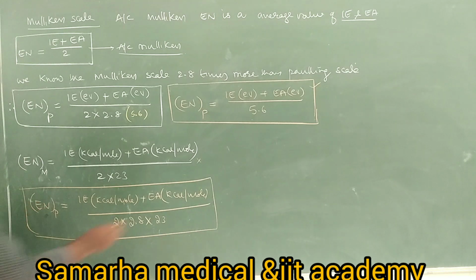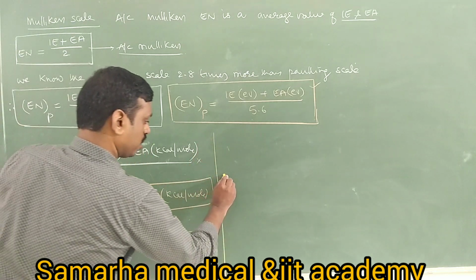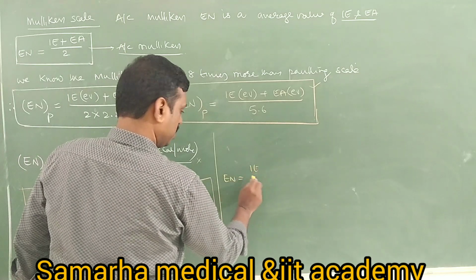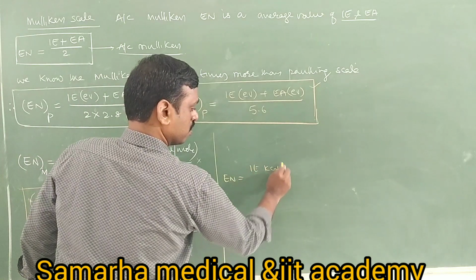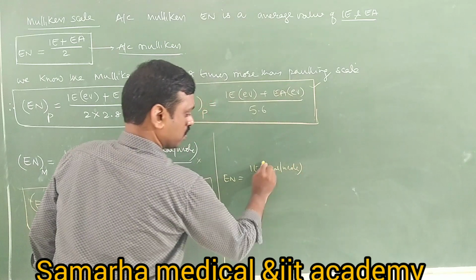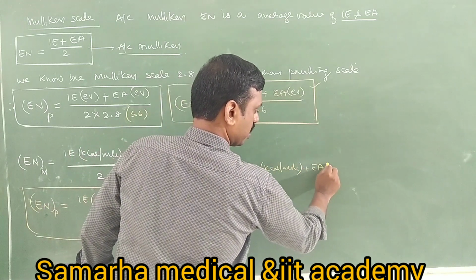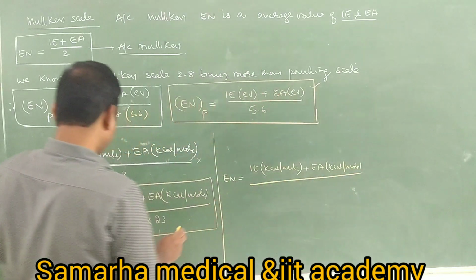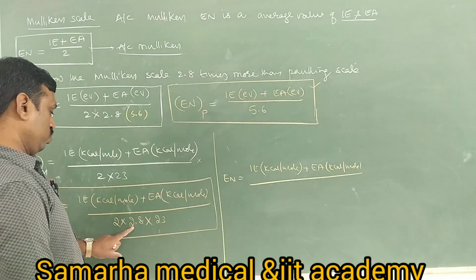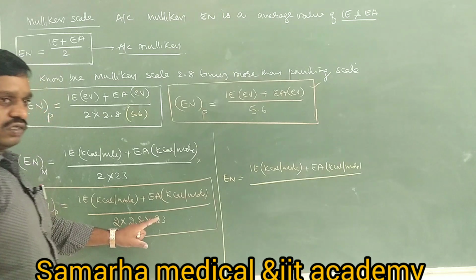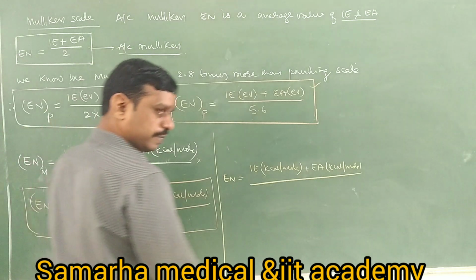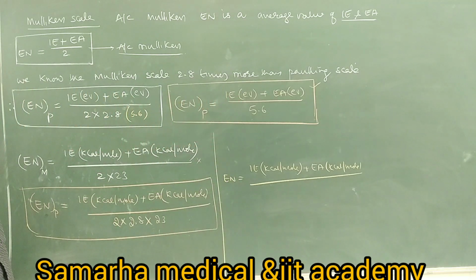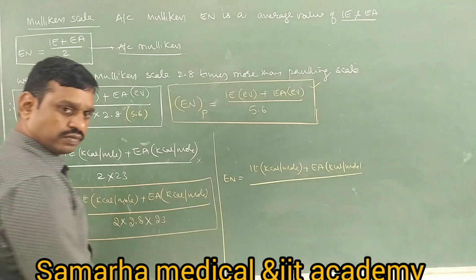So this electronegativity is also equal to IE in kilocalories per mole plus EA in kilocalories per mole, divided by 2 into 2.8, which is 5.6, into 23, approximately 129, that is 128.8.